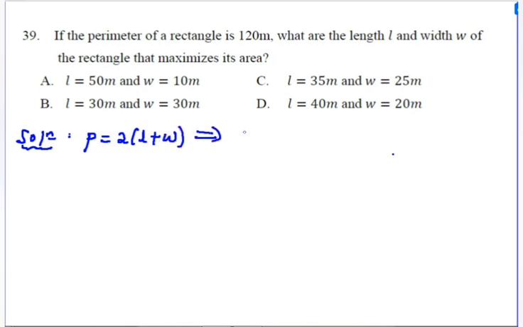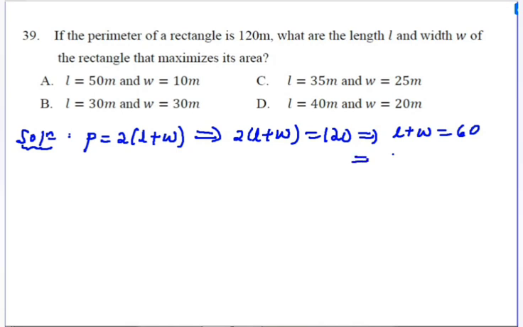So 2 times (L + W) is 120 meters. Dividing both sides by 2, we get that the length plus the width of the rectangle is 60 meters.